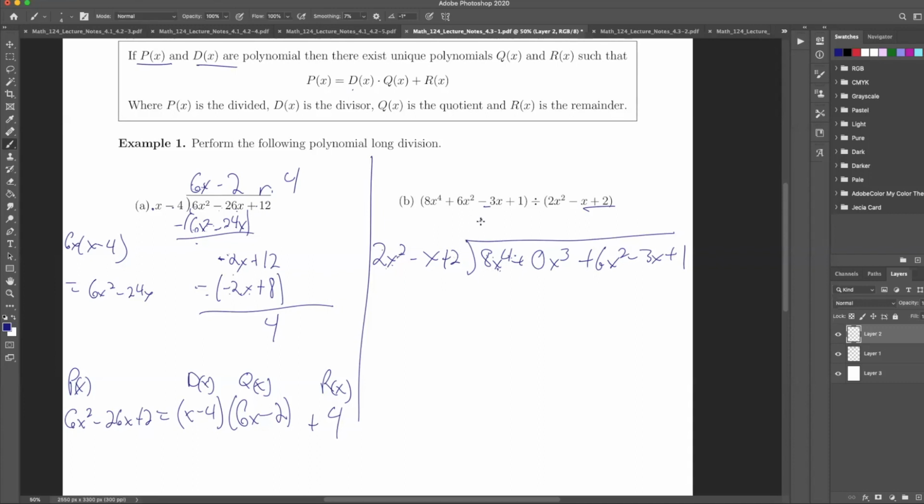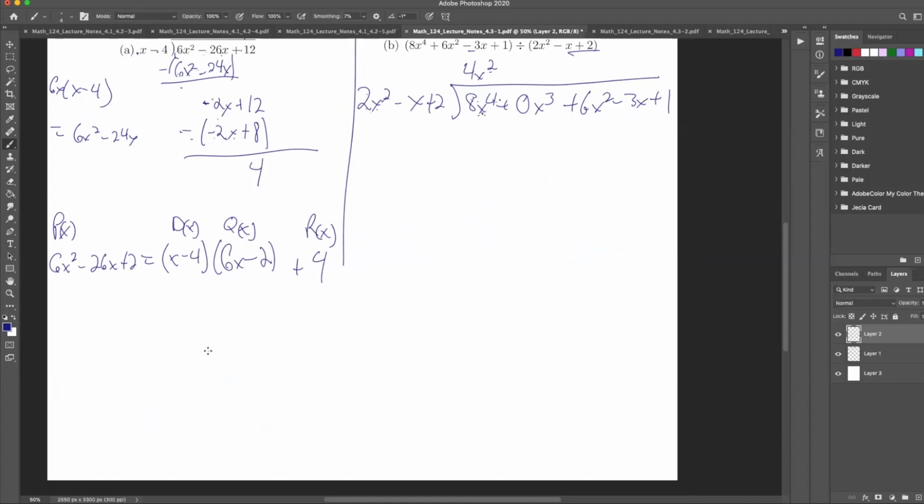Yeah, so it'd be 4x squared, because 4x squared multiplied by this will give me this. And so here, let me leave a lot of room. So 4x squared times 2x squared minus x plus 2 is equal to 8x to the 4th.